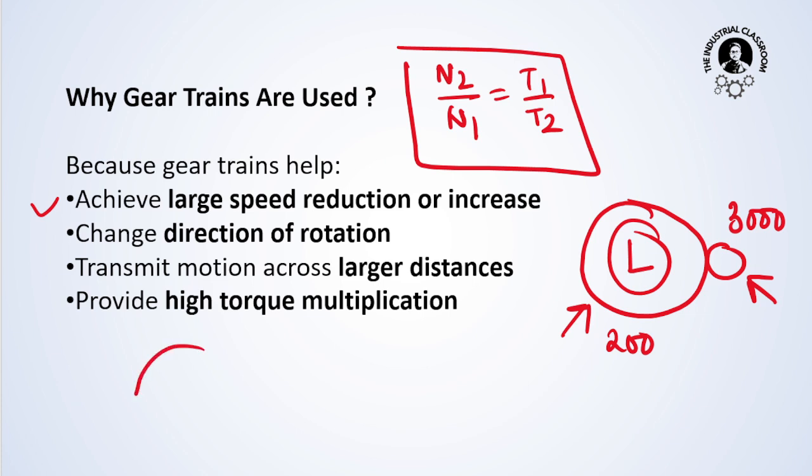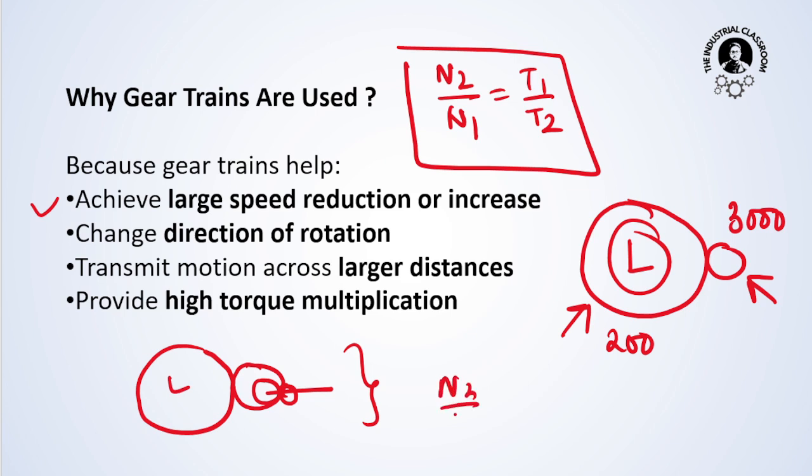So why not combine these gears in such an arrangement that with limited size we get a higher reduction, because we know that N4 by N1 is equal to T1 by T4. We will learn this in the combination chains.